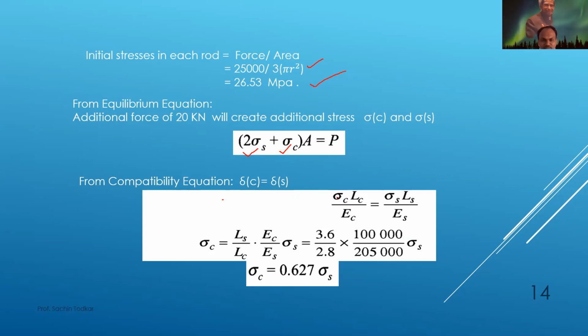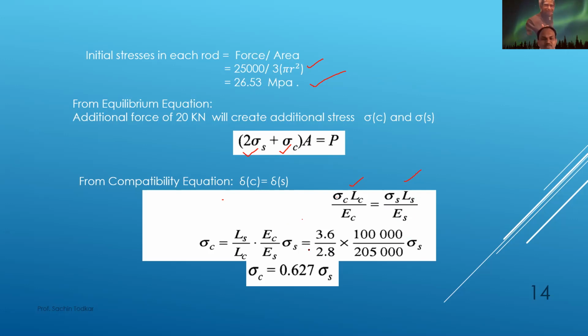So it is sigma c LC upon EC. I have taken the short form here because P L upon A E is nothing but sigma, and A is constant. That's why I have taken sigma c LC divided by EC equal to sigma s LS divided by ES.